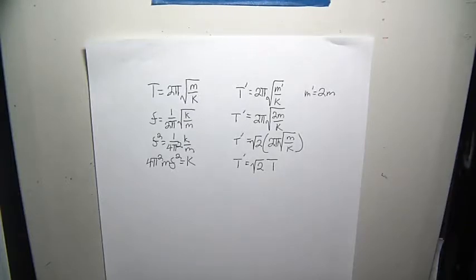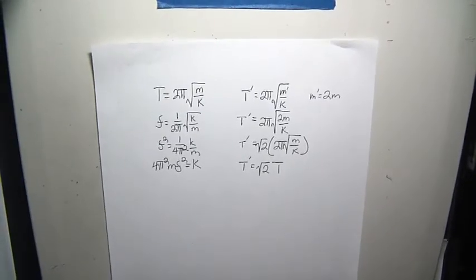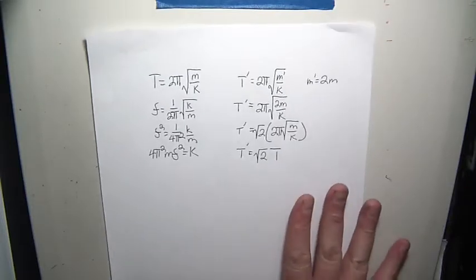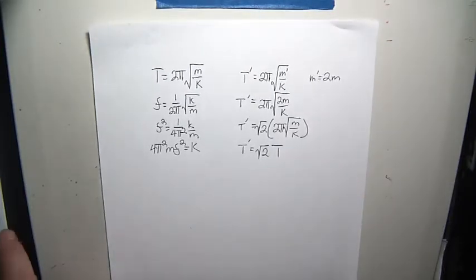If you double the gravity, how would the period change? It wouldn't change at all, because it's not gravity dependent. There is no g in the period equation. So we get that.